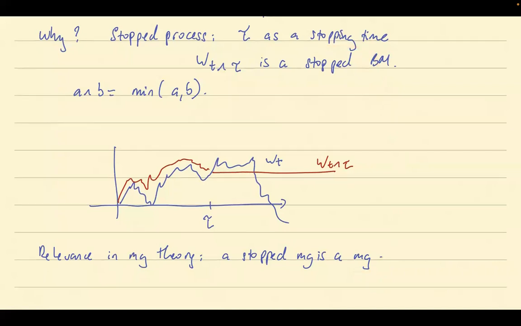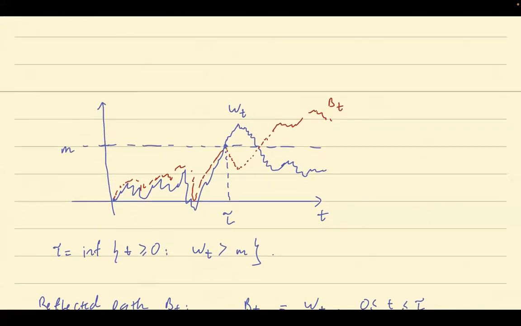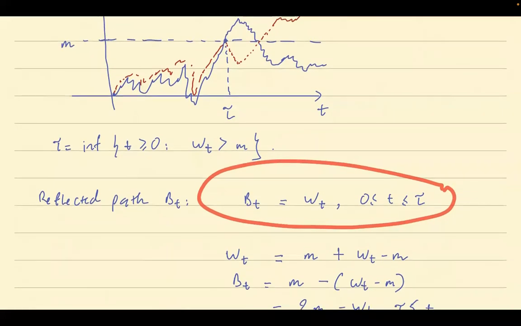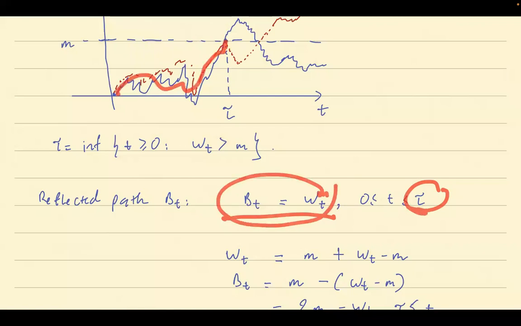Anyway, the point is, back to this reflected Brownian motion business, B_t looks like a stopped Brownian motion, at least up to this time, the stopping time tau. It's believable that this is a Brownian motion because it's exactly W_t.